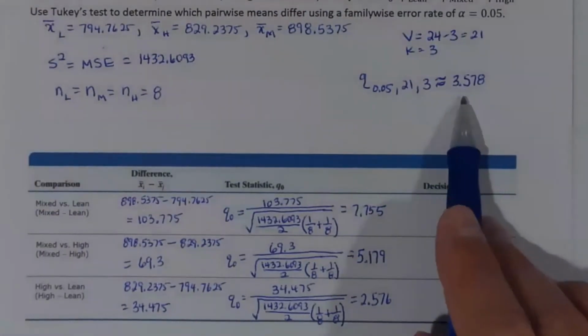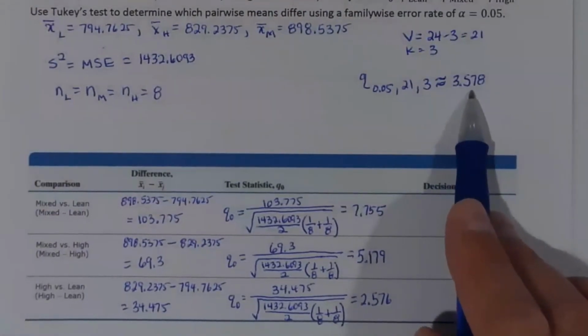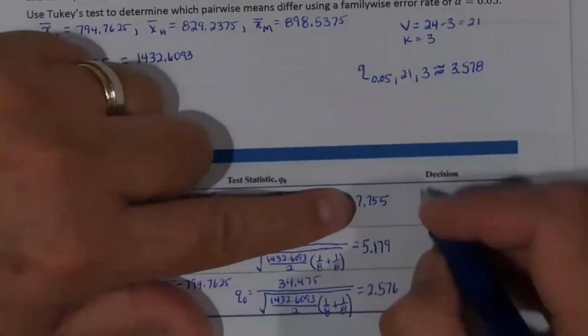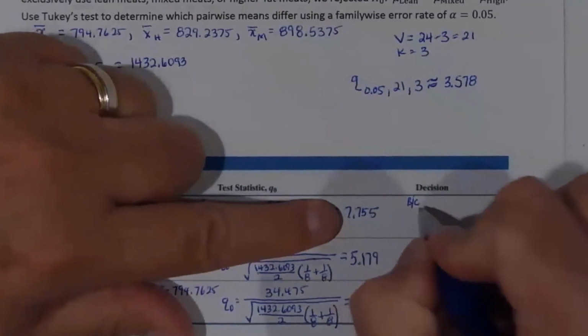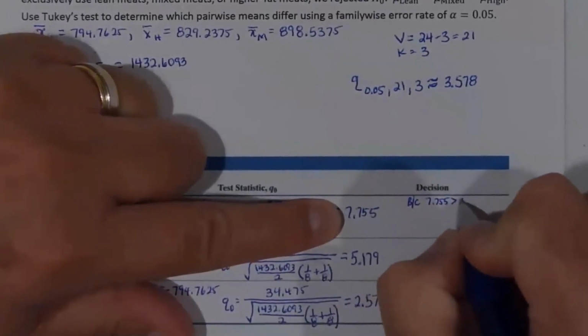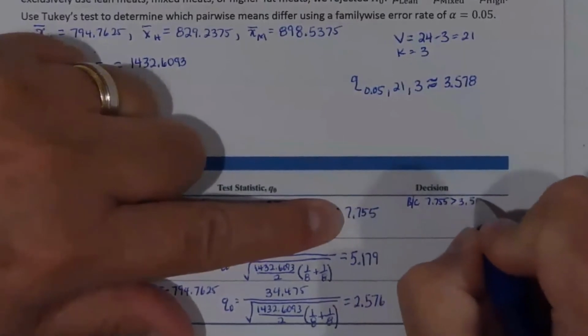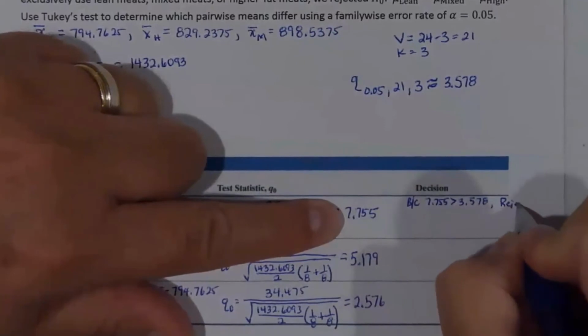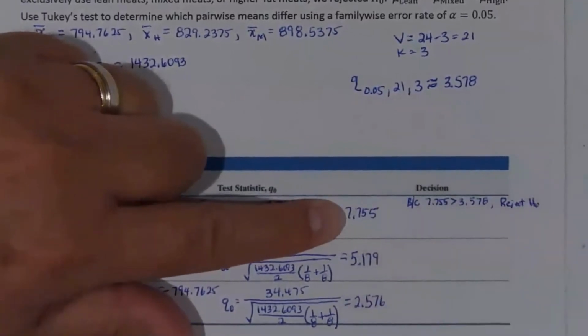So if the test statistic is larger than 3.578, we reject the null hypothesis. So in this particular case, because 7.755 is bigger than 3.578, we reject the null hypothesis.